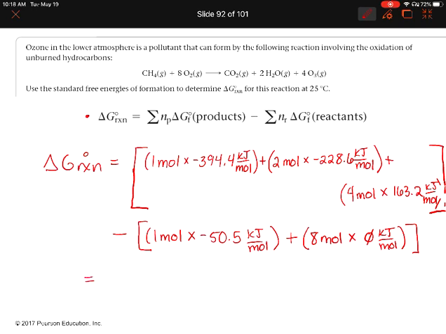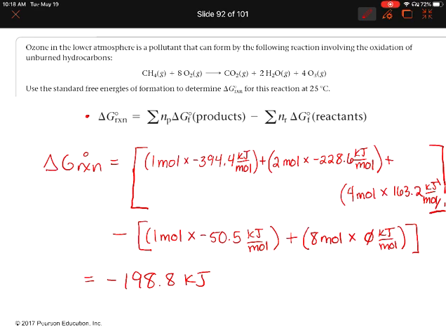So let's add up everything in the products first, because that will help us simplify all of the math here. If we add up everything in the products portion, we should get negative 198.8 kilojoules. You can pause the video at any time if you want to double check the math.